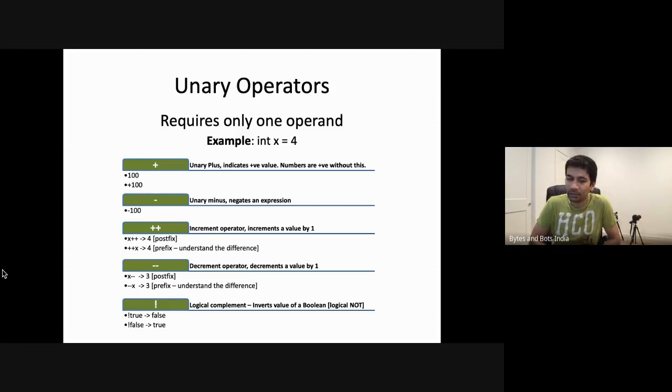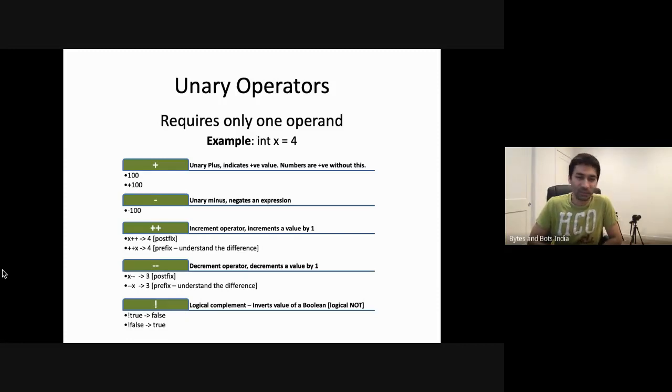As an example, if someone writes a program which says x++, let's say the x value is 4, as in the example here, and then you write an expression 1 plus x++. So the result will be 5, and the value of x will be 5. Well, let's look at a different example.